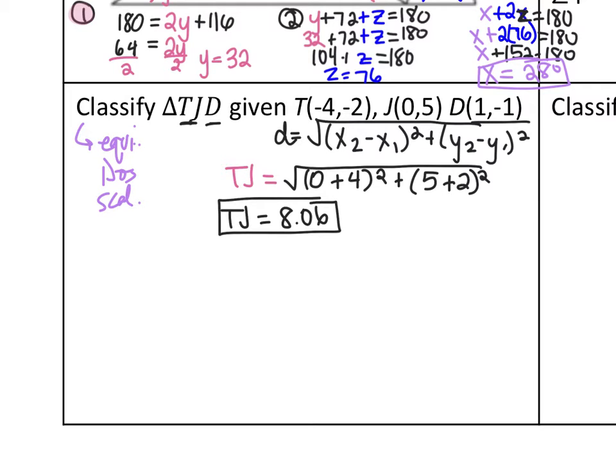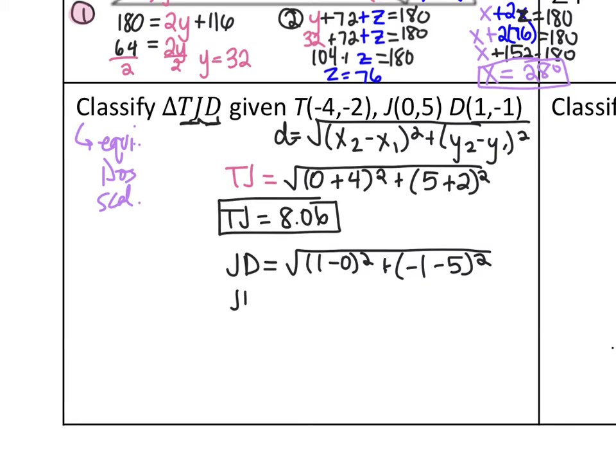My next side would be JD. So just like we did before, set up our problem. JD, we're going to have 1 minus 0 plus negative 1 minus 5. We're going to get that JD equals a total of 6.08. We know it's not equilateral, because remember that has to have 3 congruent sides. So far, we're not on that track.